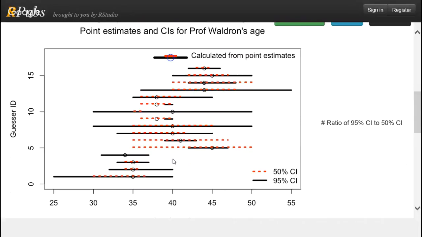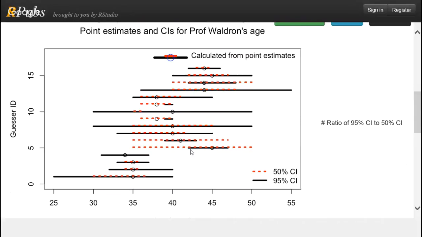Because certainly your most likely guess should fall somewhere within your confidence interval. Another good thing I see about these is that the 95% confidence interval is bigger than the 50% confidence interval. And that makes sense because if you want to be 95% confident, you need to provide a bigger range. If you said between 0 and 100, then you could be 100% confident.